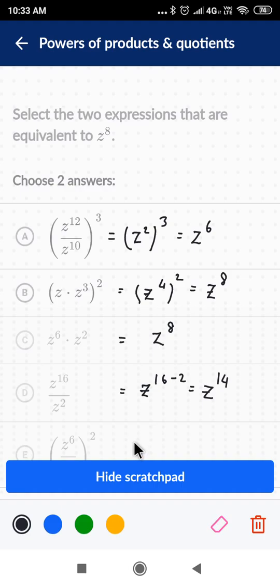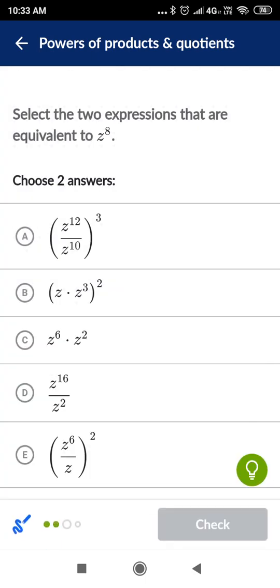E, we can't see it. We'll evaluate. So B and C are the correct answers. We'll look at E also. This will be z to the power 10. E will be z to the power 10. So B and C are the correct answers.